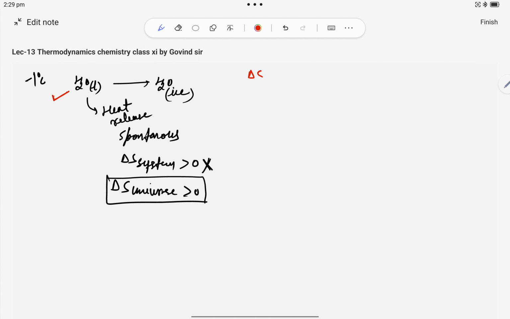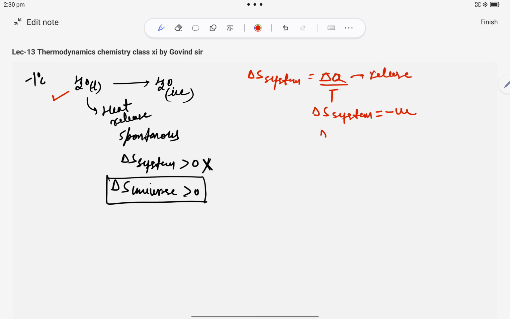Delta S for system is equal to delta Q by T. Here energy is released, so enthalpy change of system is negative, right?